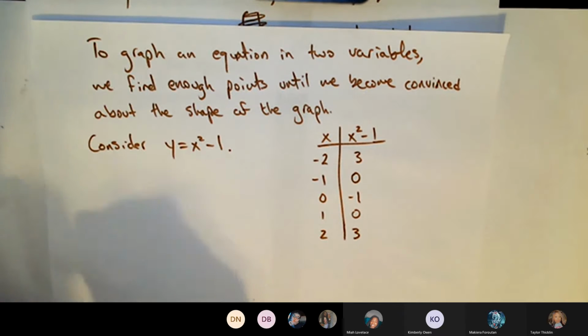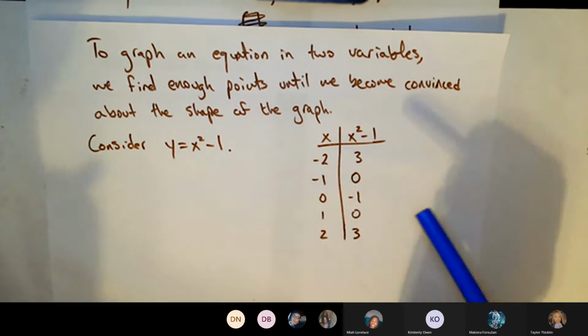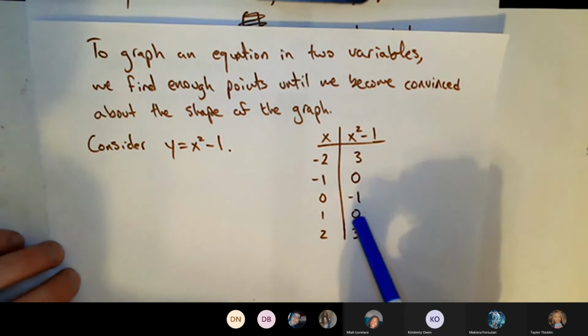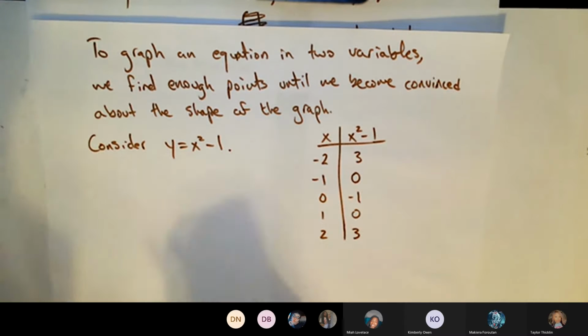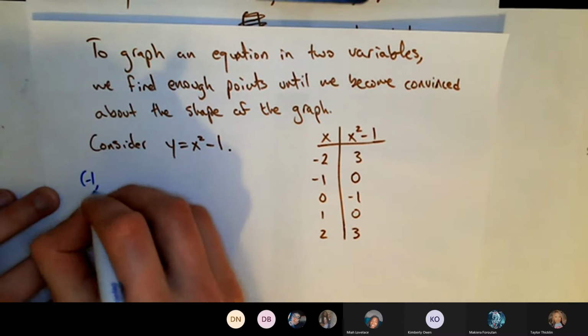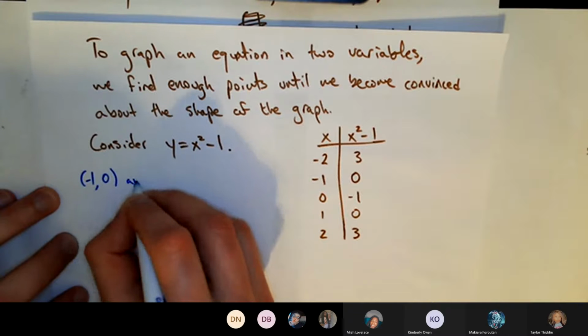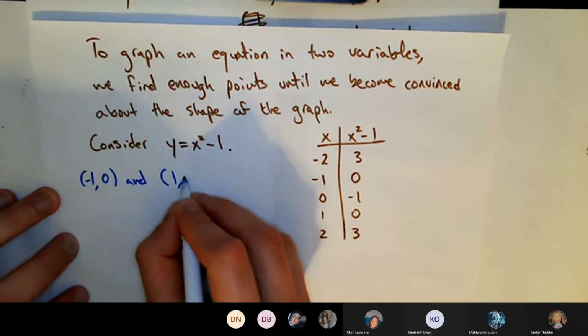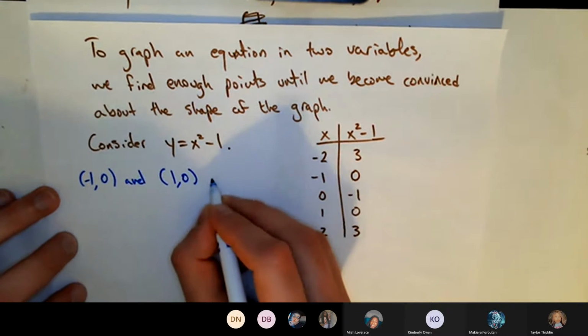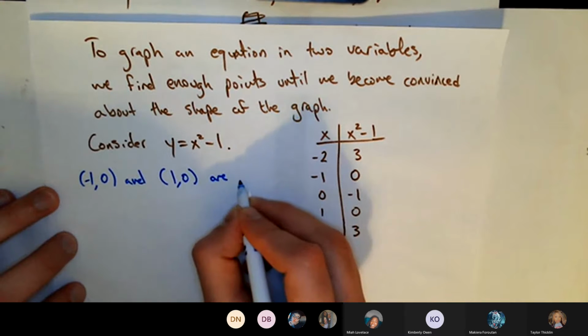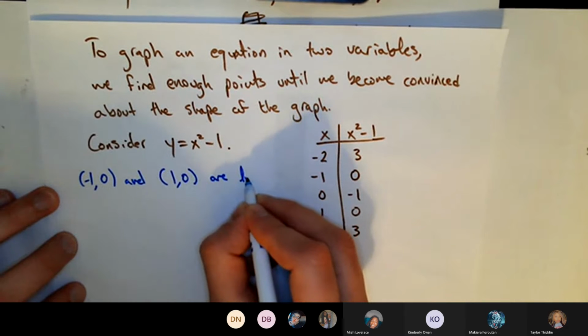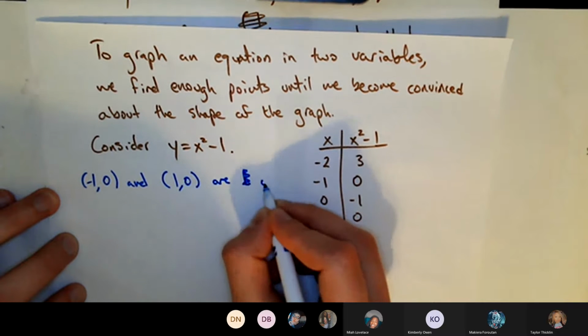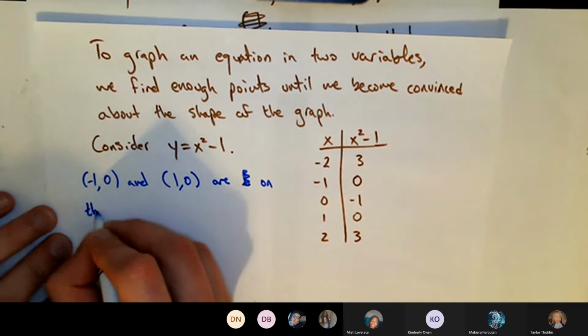If you have a point where the y value is 0, that's a special point on the x-axis. So let's point those out: (-1, 0) and (1, 0) are on the x-axis.